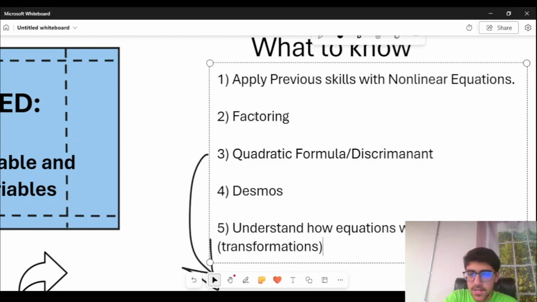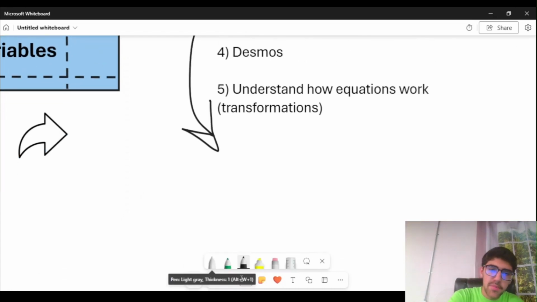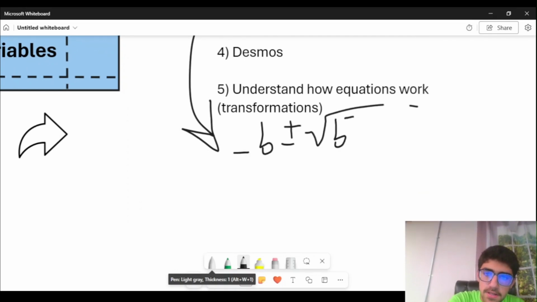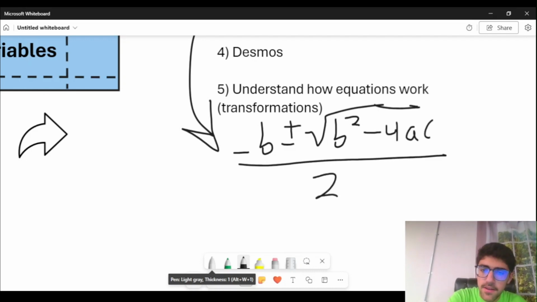You also need to know the quadratic formula, so let's go for the quadratic formula first. Sometimes you're going to get question options where it asks for the solutions of a problem, but the solutions will all be in quadratic formula form. The quadratic formula is negative b plus or minus the square root of b squared minus 4ac, all over 2a.